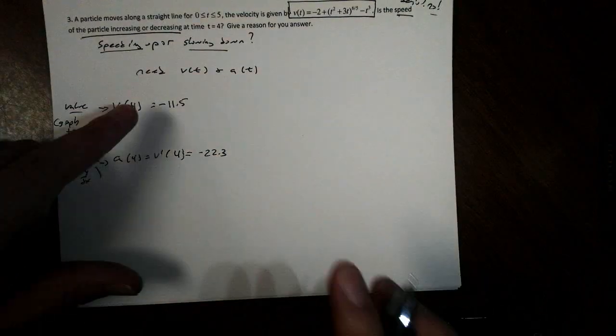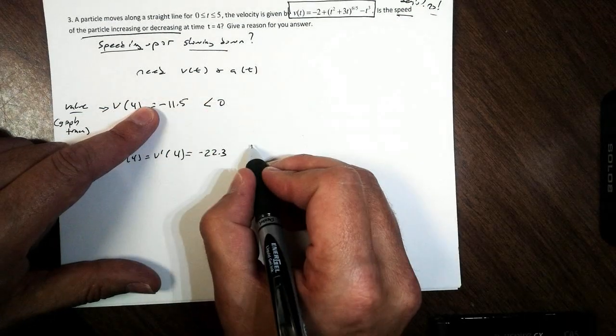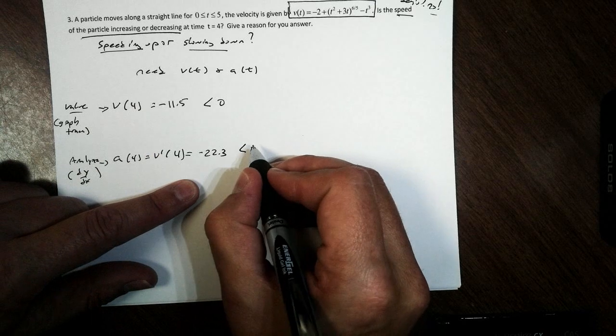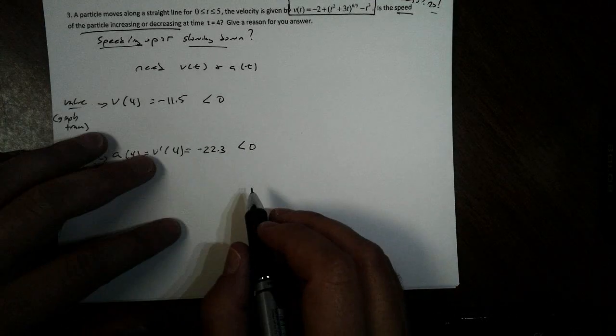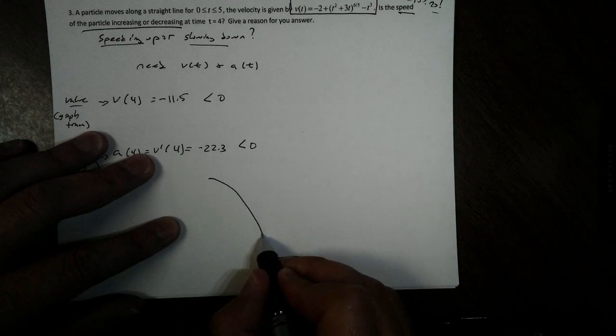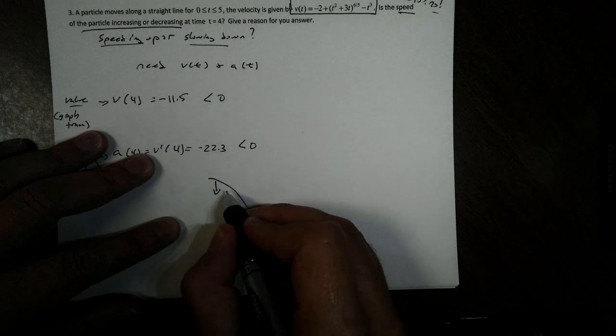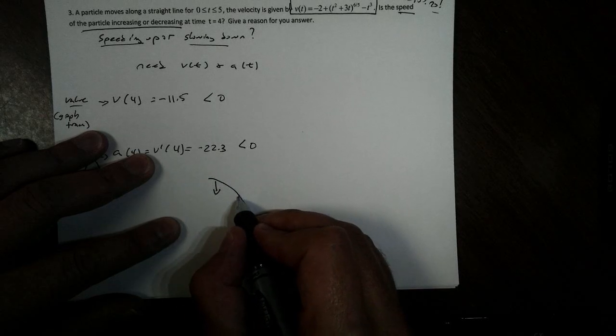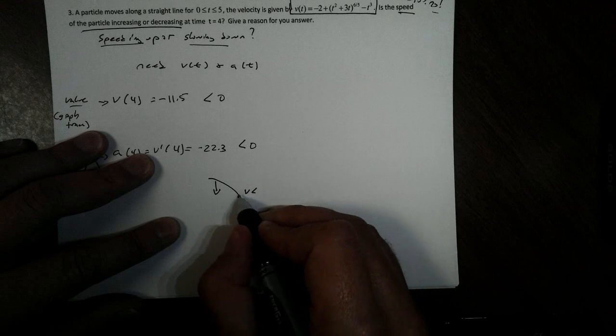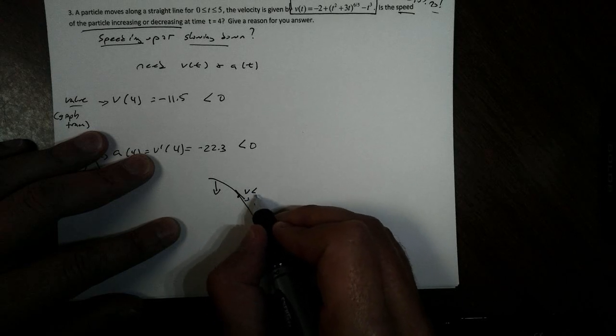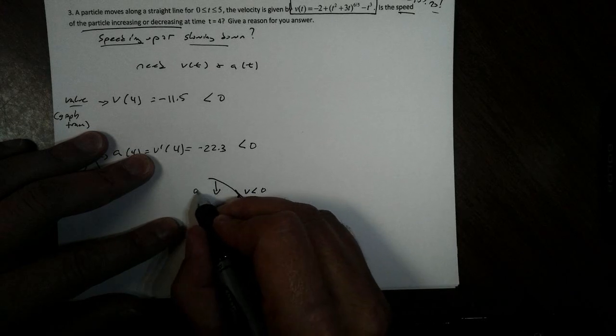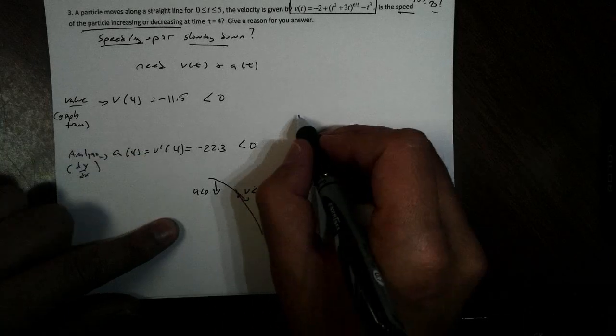Now notice, my velocity is less than 0. My acceleration is less than 0. So what is this telling us? Well, at this picture right here, ready? It's concave down, right? And because my velocity is less than 0 and my acceleration is less than 0, we are speeding up.